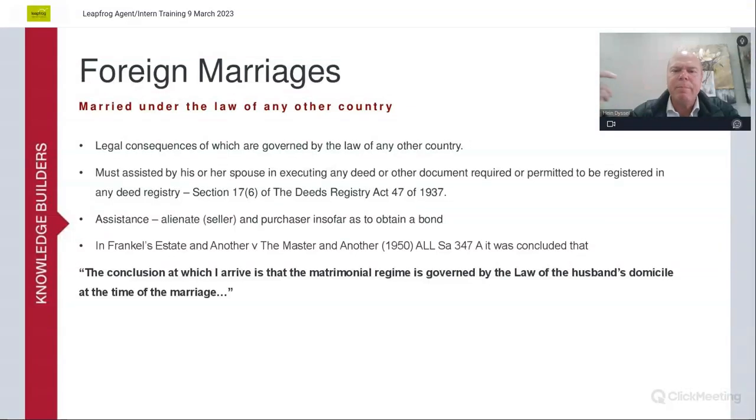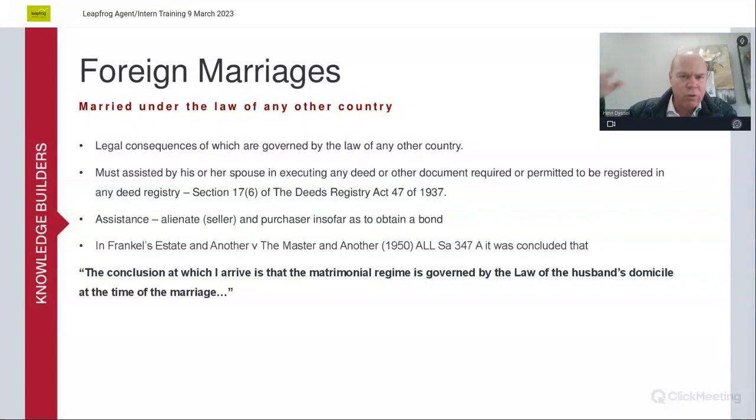So in my scenario, I picked up that this guy was married out of community of property and he told me that he's unmarried. So I said to him, okay, sorry, man, can I just have your divorce order or the death certificate of your spouse? Because according to the deeds office, you are married out of community of property, and I can see that you entered into an antenuptial contract with your spouse in 2000.